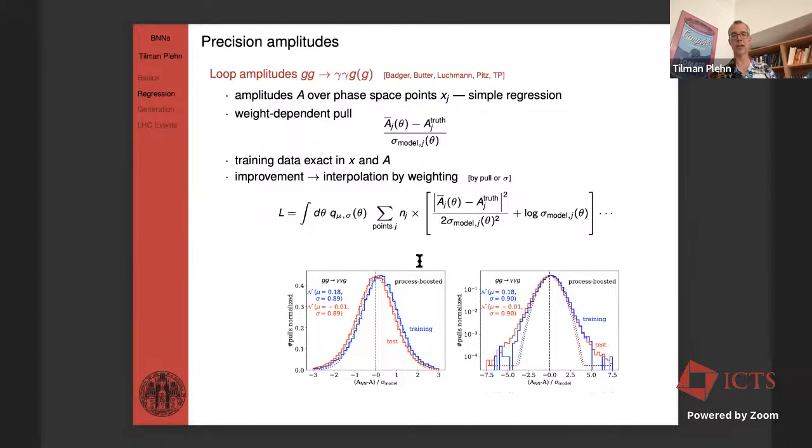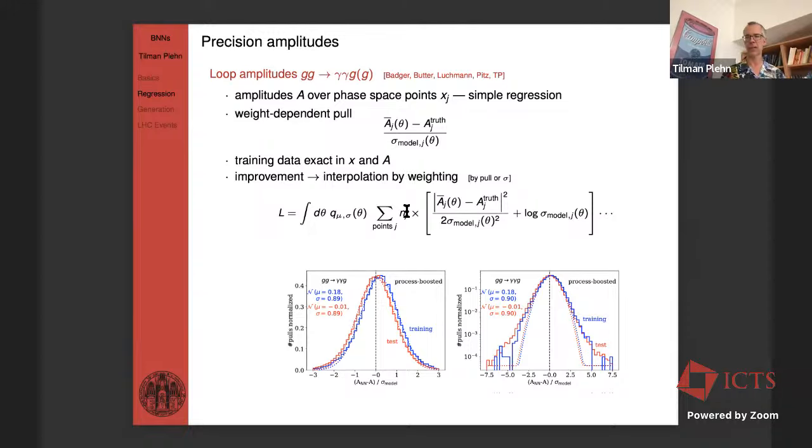And here we played a little trick that everybody can do, reminiscent of boosting and boosting decision trees. If you take your training data points and you find that this pull is large, give that phase space point more weight. Just add a multiplier here, given that this is a regression task that learns on a predefined set of points.